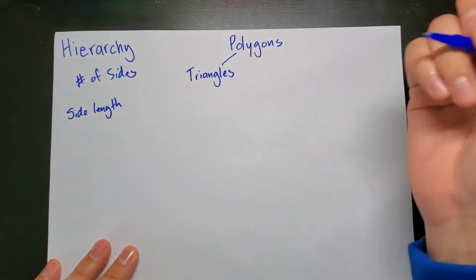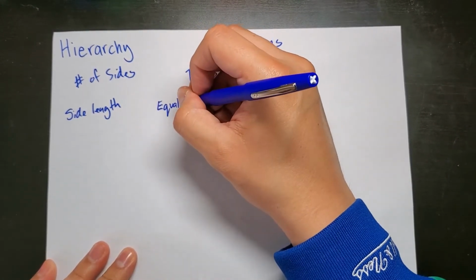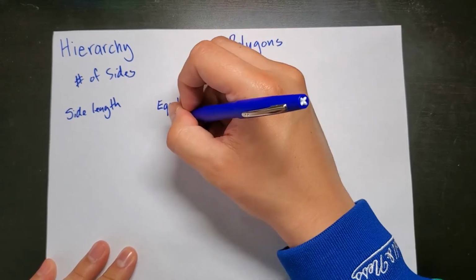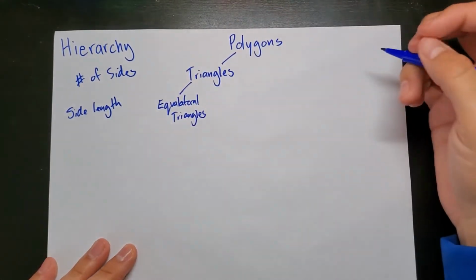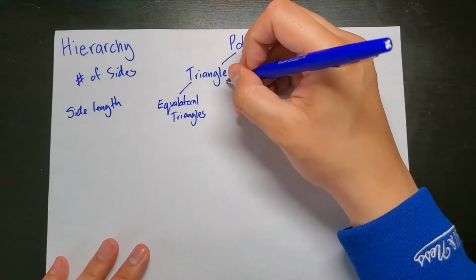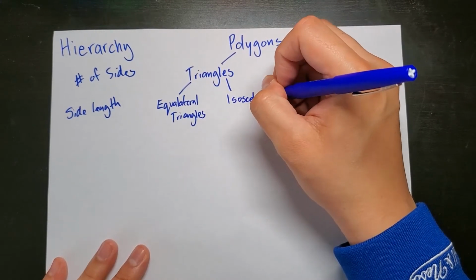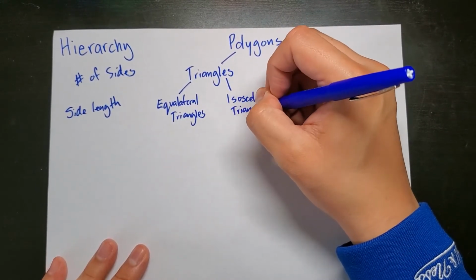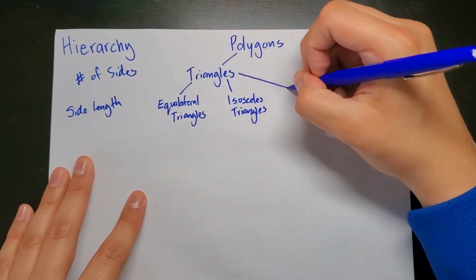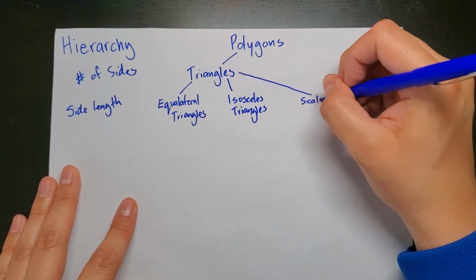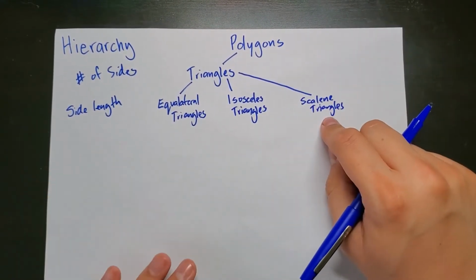So there are equilateral triangles, where all the sides are exactly the same. We have isosceles triangles, where 2 of the sides are the same length. And then we have scalene, where none of the sides are the same.